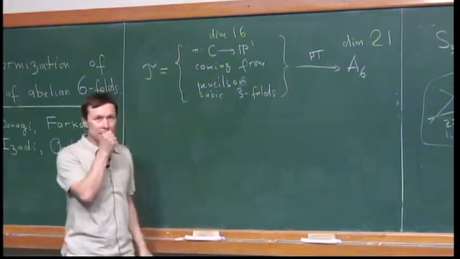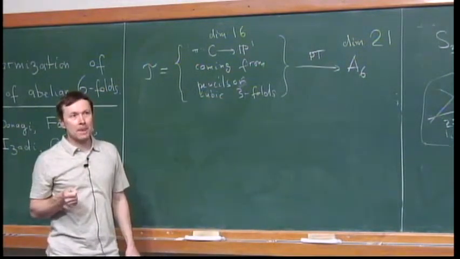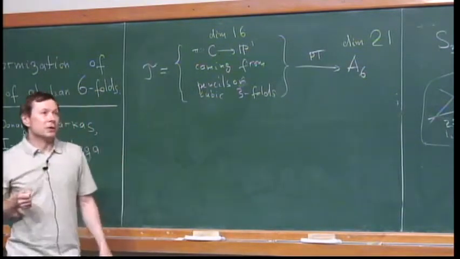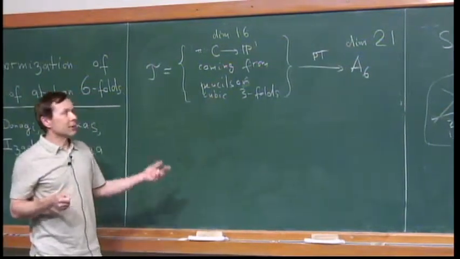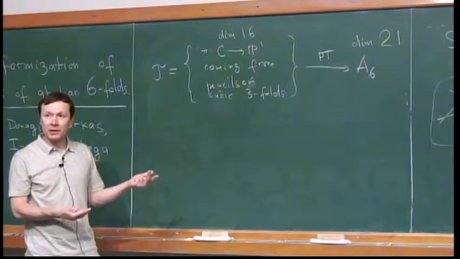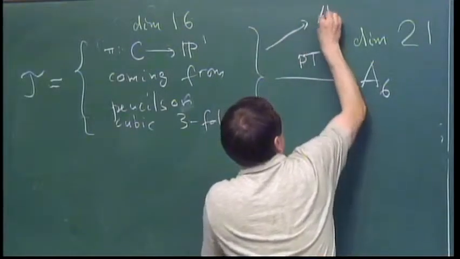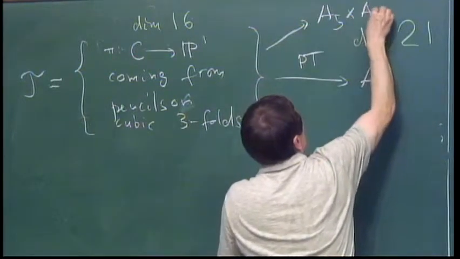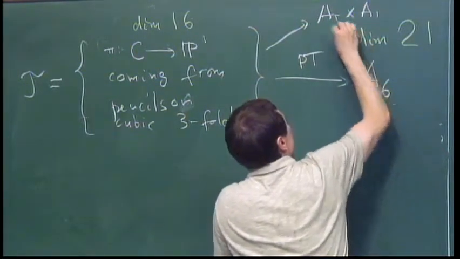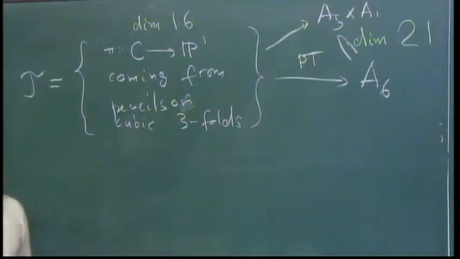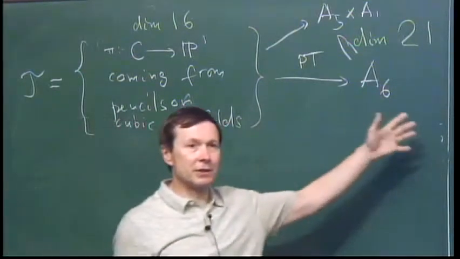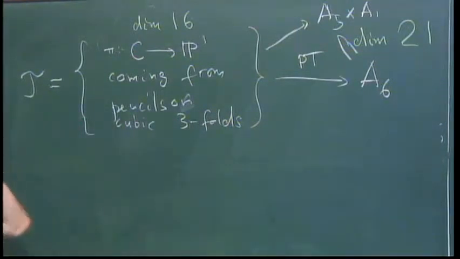So you only get A5 plus A1 inside of A6. So the image goes to A5 cross A1 in here, and that space has dimension 11. So certainly you cannot uniformize an arbitrary abelian 6-fold this way.